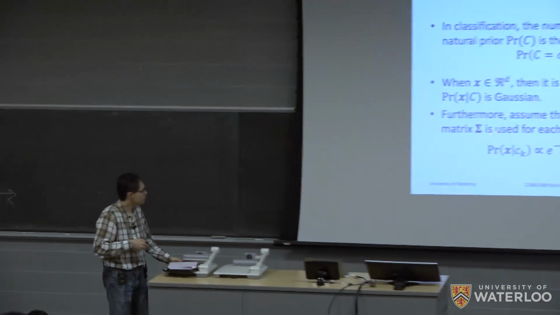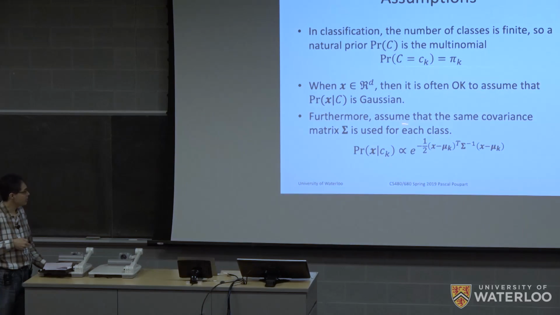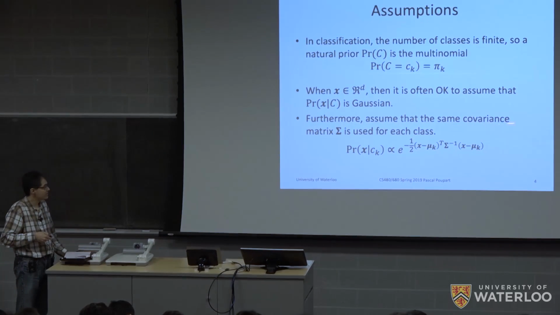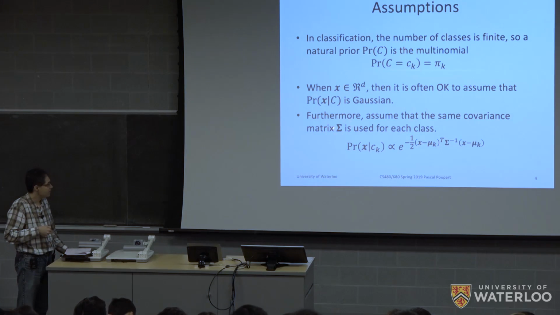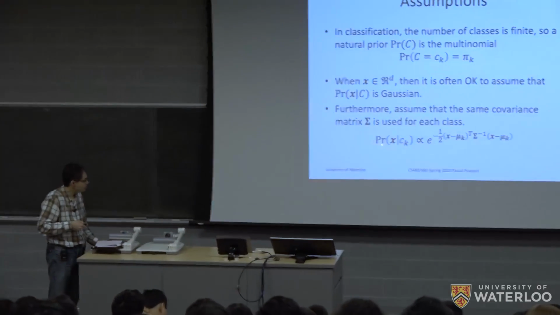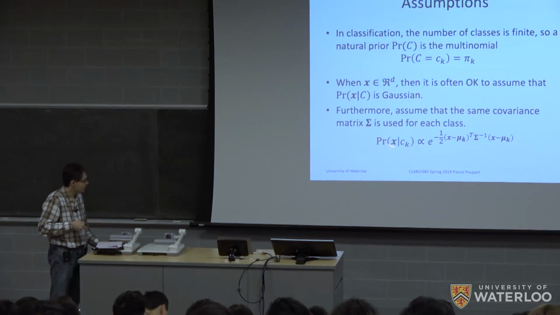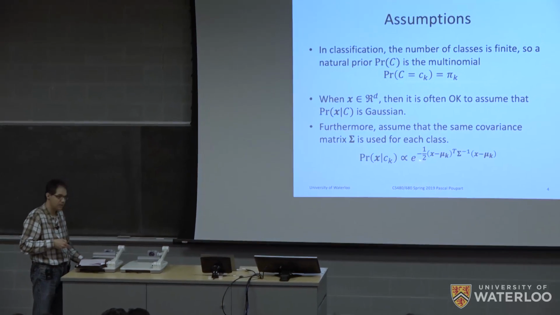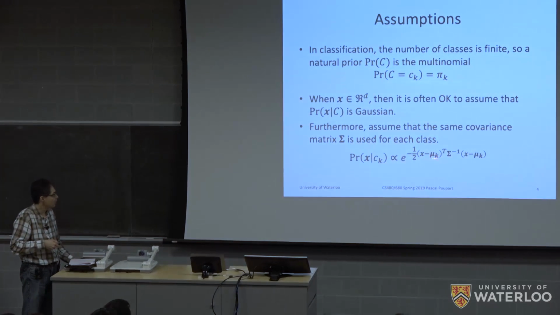I'm also going to make the assumption that each Gaussian distribution has the same covariance matrix, capital sigma. With this assumption, I can write the class conditional distribution as being proportional to an exponential of this form.